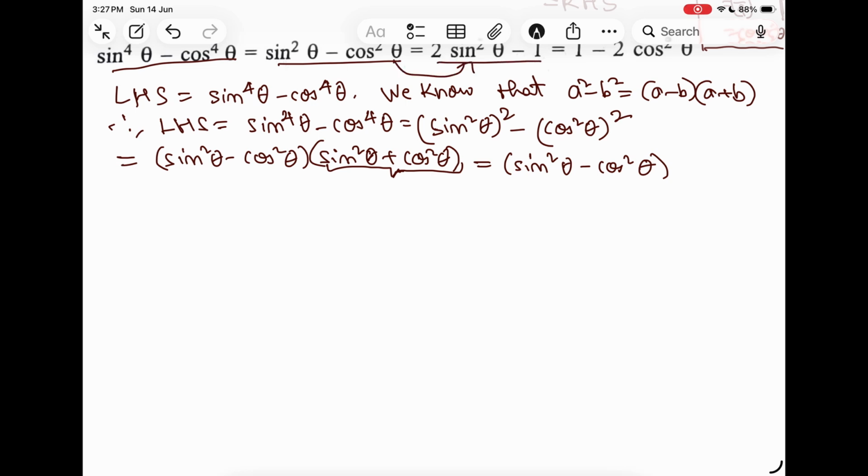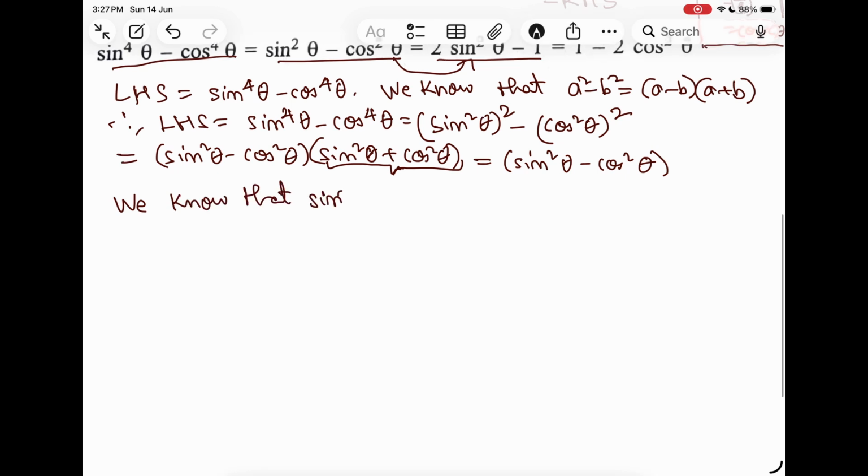Now we have to move on to the next term, that is 2 sine square theta minus 1. Now let me just simplify it for you. All right. We know that sine square theta plus cos square theta equals 1, right? That is what we saw in the previous.